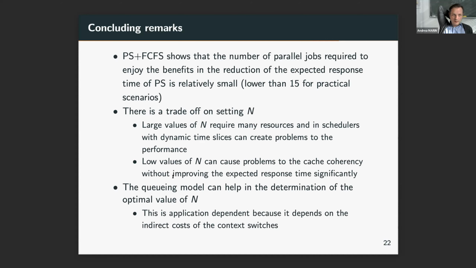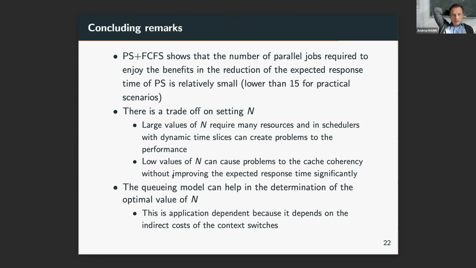So we showed this discipline, which is a combination of processor sharing and first come, first served. We can set the maximum number of jobs that can be served in a processor sharing fashion. We observe that for the practical scenarios that we considered, this value of n is lower than 15 or 20 for workloads that we've taken from the literature.